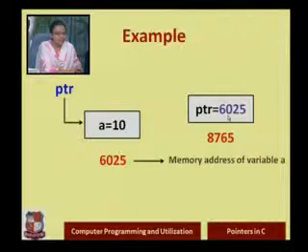The value inside ptr would be the memory address of variable a. Again ptr itself is a variable, so it will also take memory, and it is of numeric type because addresses are always numeric. So for this example I have shown 8765 as the memory address of the ptr variable.